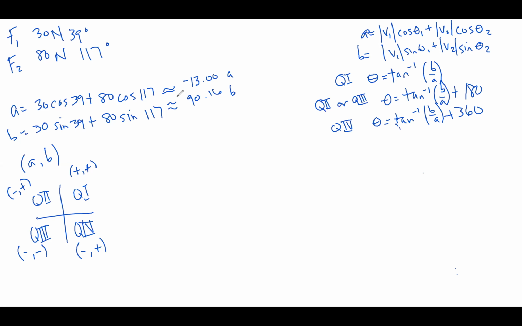So we have a negative A and a positive B, so we're in quadrant 2. We're going to use this one right here. To find our resultant angle, it's the tangent inverse of B over A plus 180.